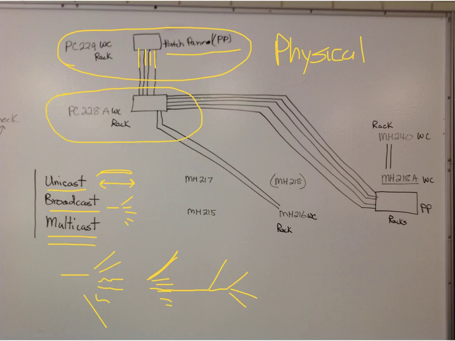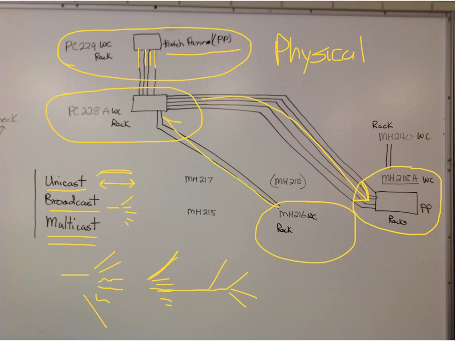That has 5 lines running to a wiring closet in what used to be 218. Okay, it's in the back of 216. There's 2 connections running between the rack in the front in 216 and this room here.